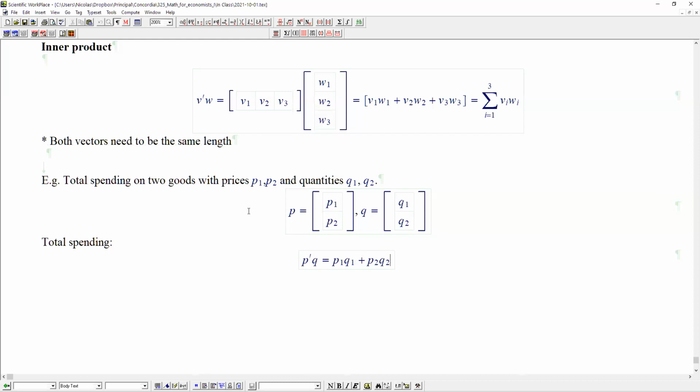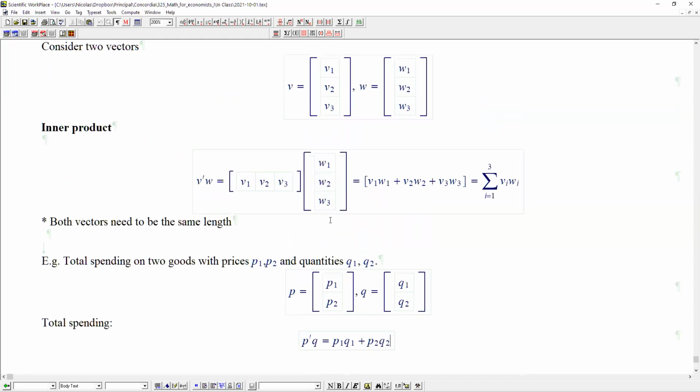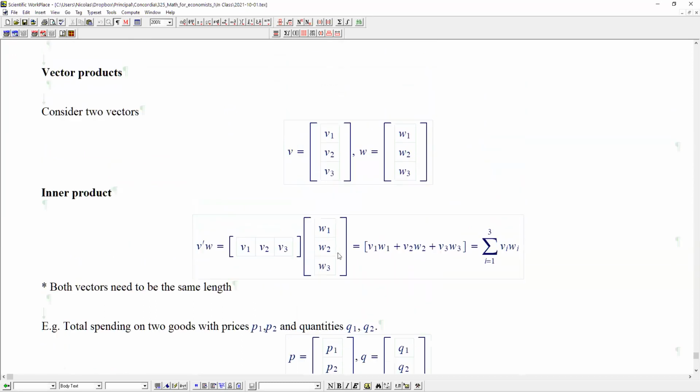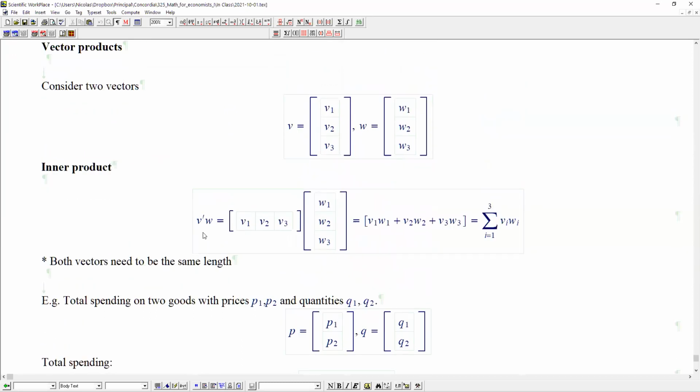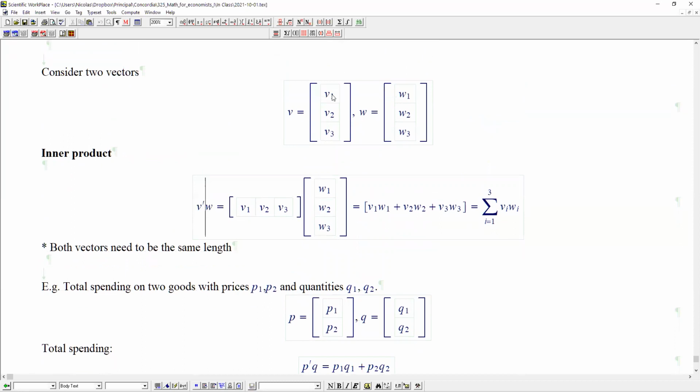Yeah, question? I lost you on why we put the notation P prime. Oh yeah, that's the way we write it. It doesn't mean we're inversing it, no? Yeah, no, but you are taking the transpose. So V prime is the transpose of V. So you have V is V1, V2, V3.